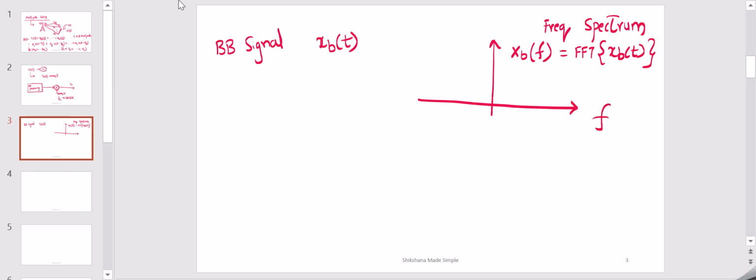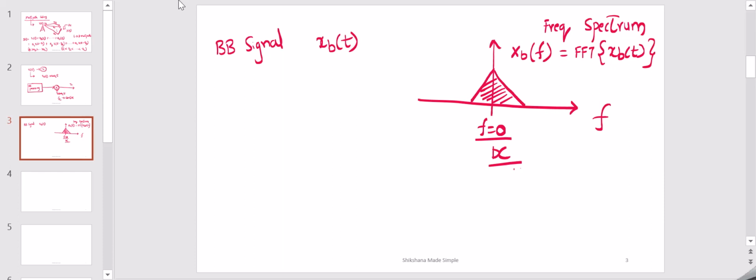So this is the frequency, and this frequency is equal to 0. Usually the representation in the textbooks would look something like this, symmetrical around the center frequency 0, or you can say the DC frequency.